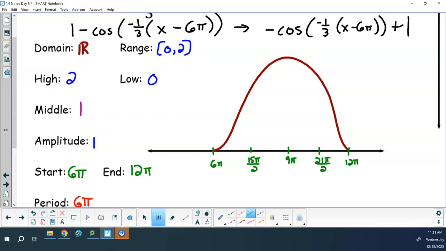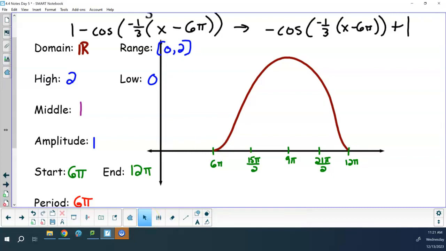Okay? Vertically, we started at 0, we ended at 2, and halfway was 1.